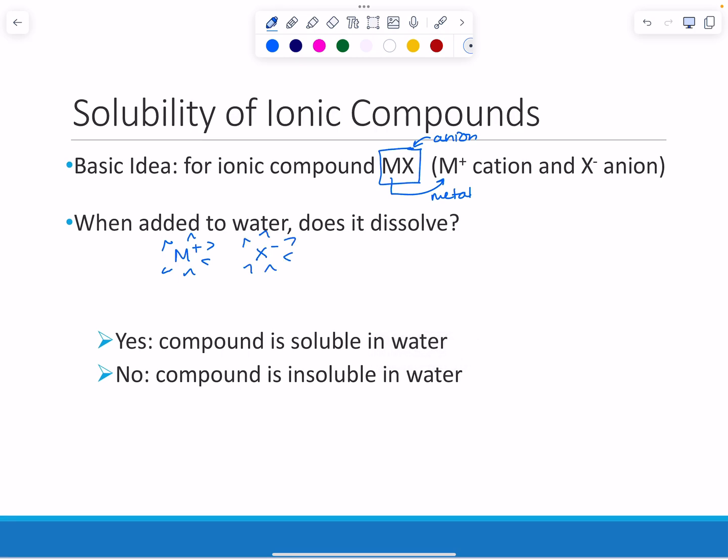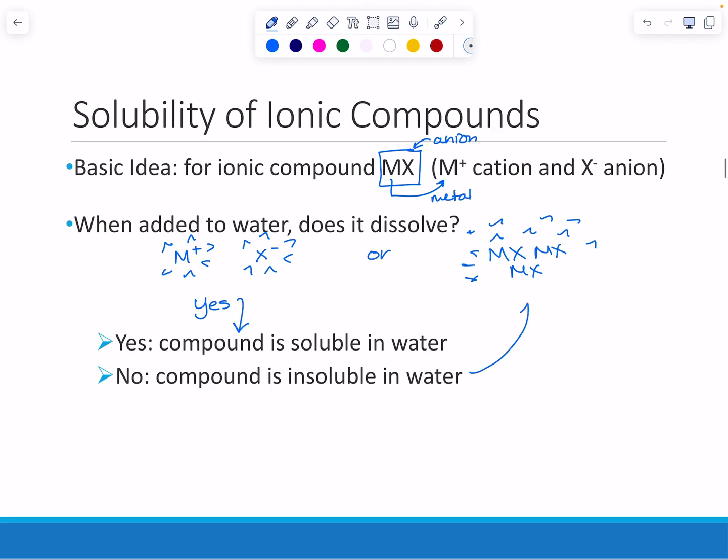Or is it going to do this, and it stays associated with itself, and the water just kind of avoids it? So if it dissolves, it's soluble. If it doesn't dissolve, it's insoluble.